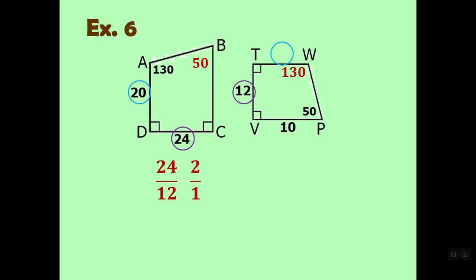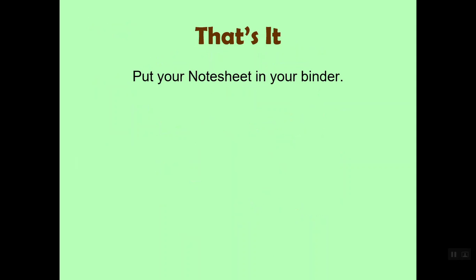Another set of corresponding sides would be BC and PV, and we only have one measure there. So we don't have another ratio that will prove whether these are proportional or not. Therefore, we can't make any decisions about whether they're similar or not. So our answer for this one is neither. That's it.